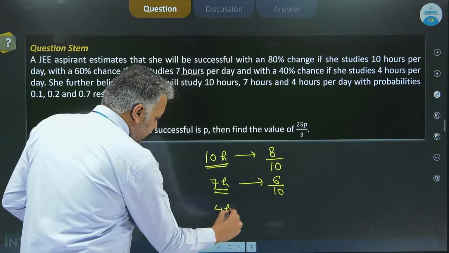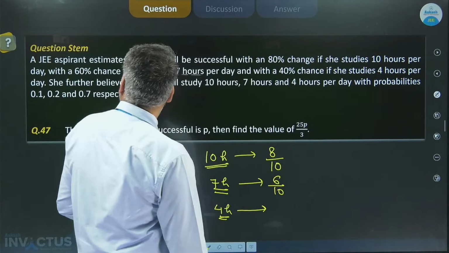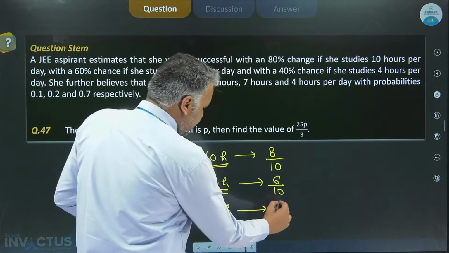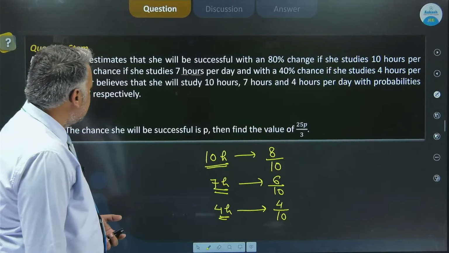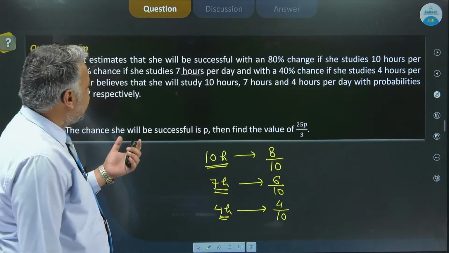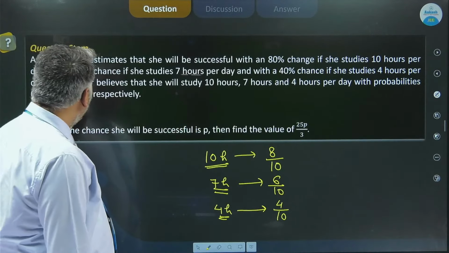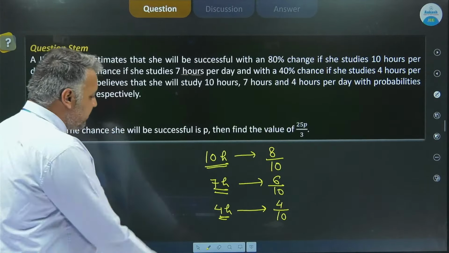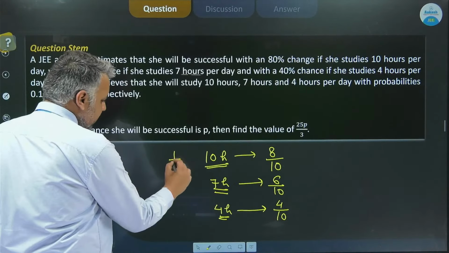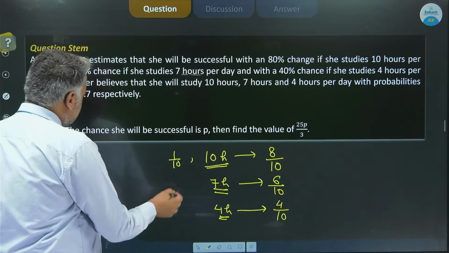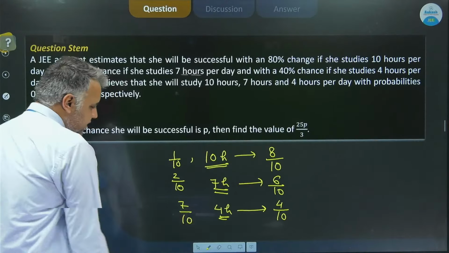And for 4 hours of study per day, she knows that her chances of success are 40%. That means 4 divided by 10. Now further, she believes that she will study 10 hours, 7 hours, 4 hours a day with probabilities 0.1, 0.2 and 0.7 respectively. That means probability of studying 10 hours is 0.1 or 1 by 10. For 7 hours the probability is 2 by 10 and for 4 hours the probability is 7 by 10.